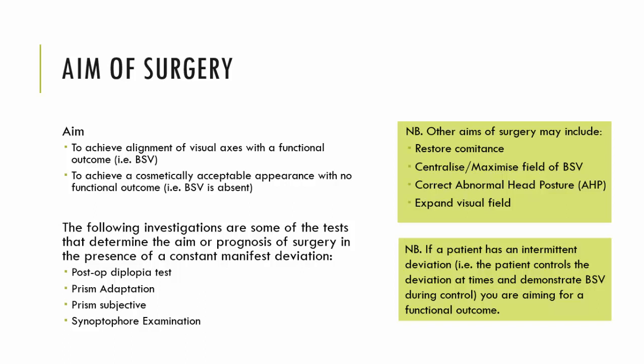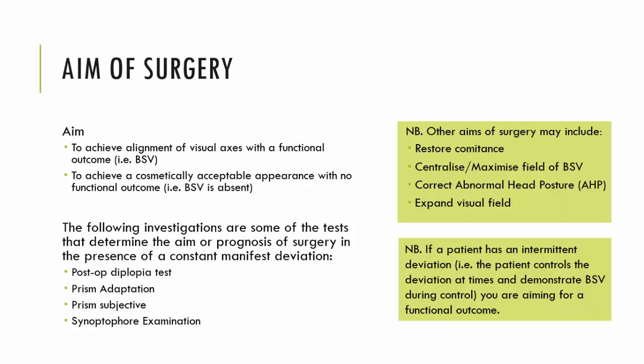In order for us to work out whether the patient is likely to have a functional or cosmetic outcome, we need to determine if a patient has the potential for BSV. Patients with the potential for BSV generally will have a prognosis of a functional outcome. Patients, on the other hand, who have no potential for BSV, well then the aim is purely to have a cosmetic outcome, an improvement in the size of the deviation.